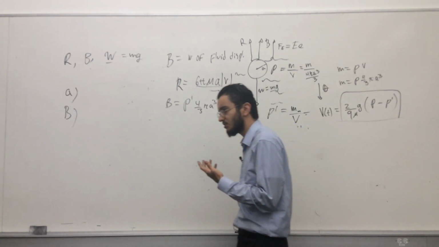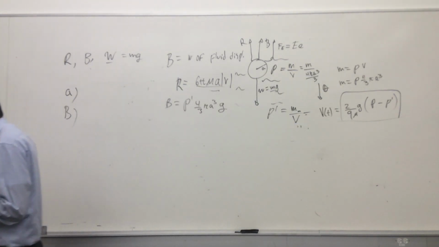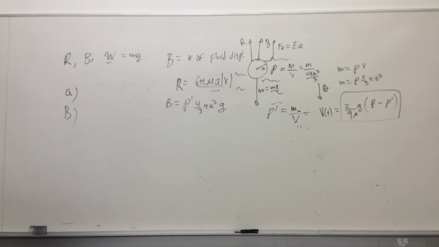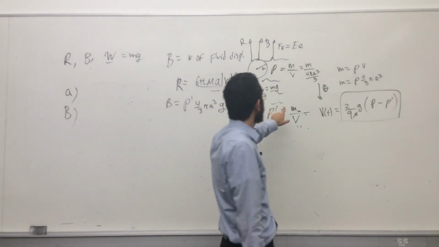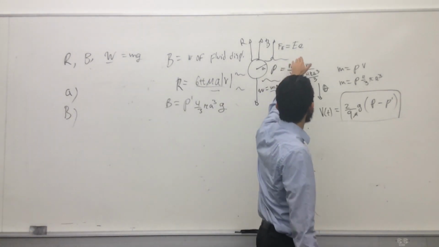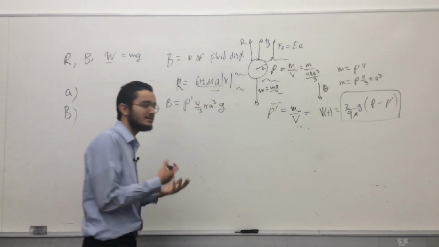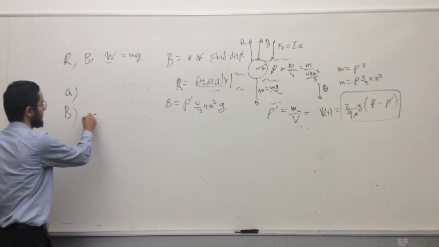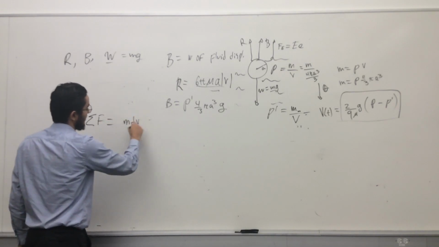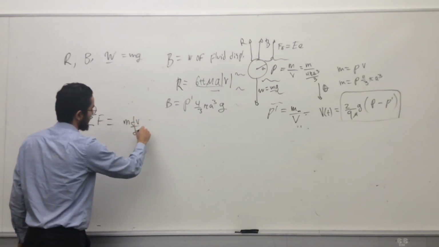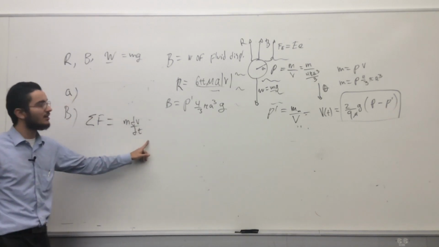So the question is to find an expression for e. Basically, when we find the expression, it's the same thing. We say the sum of the forces equals the mass times the derivative with respect to time of the velocity.